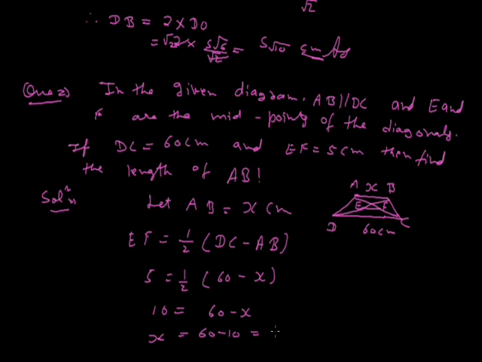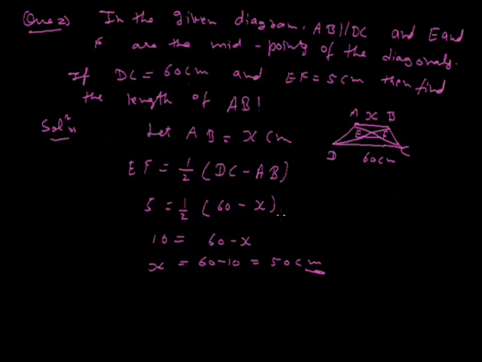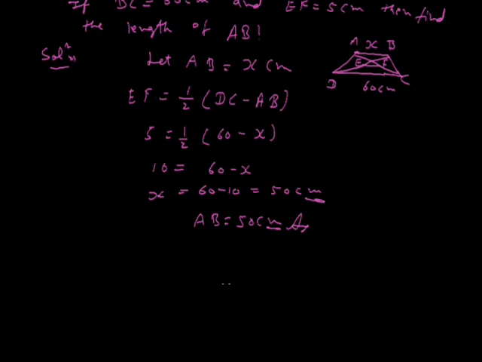So 60 minus 10 is equal to 50 centimeter. So the length of AB is equal to 50 centimeter. This is the answer. This is a very important property regarding the trapezium.